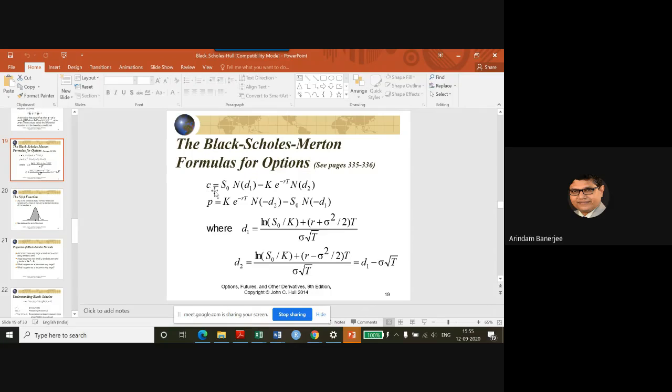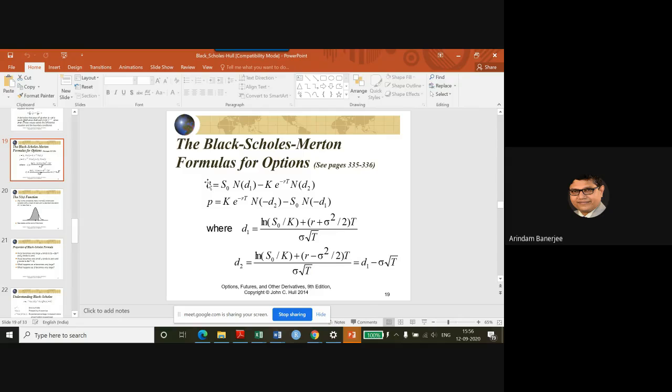So if I know S naught, the spot, R, the risk-free rate, T, the time to expiry, sigma, the volatility, and the strike price of the contract, then if I put this on the right hand side, on the left hand side I will get the answer, the value of the call.